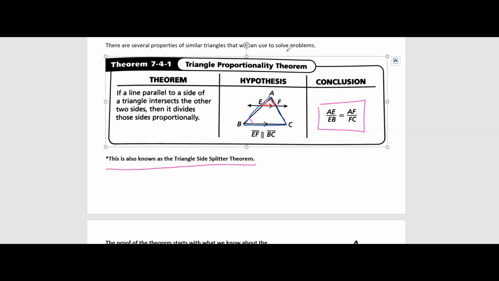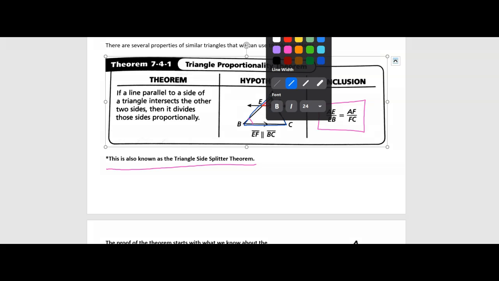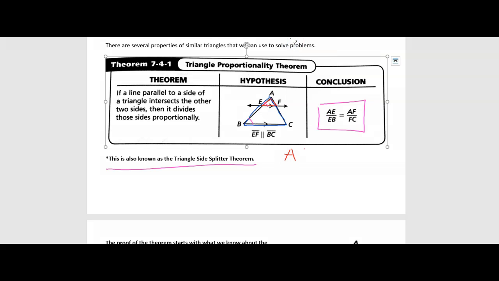This would allow us to write a proportion. If we do AE from the red triangle and AB, because those are two corresponding sides, and then two other corresponding sides, AF and AC. So we could have already come up with this proportion that would work.